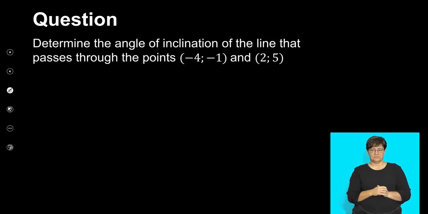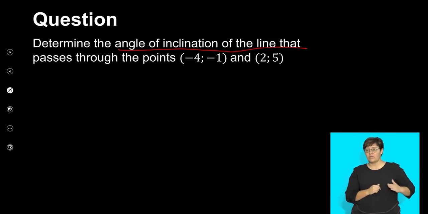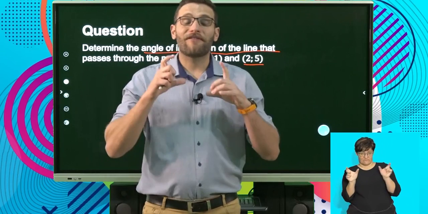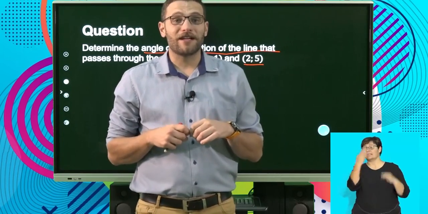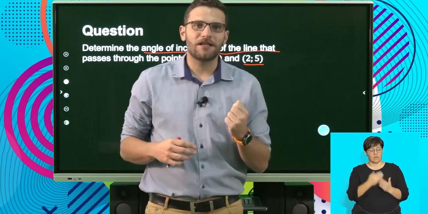Our next question says, determine the angle of inclination of the line that passes through the points (-4; 2) and (1; 5). Again, all I'm ever going to do when we're doing analytical geometry is always use a formula. So turn to the formula sheet. You've got 4 formulas.